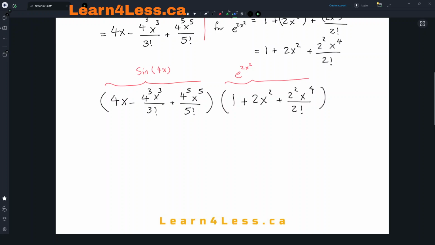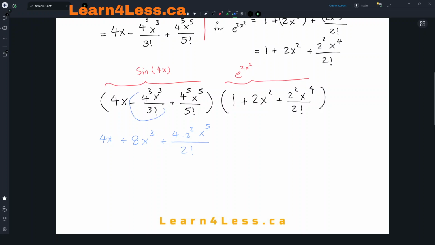When we FOIL them, let's multiply this 4x by this bracket. We get 4x plus, 4x by this one gives us 8x cubed. 4x by the last one gives us 4 times 2 squared times x to the 4, which adds up to x to the 5 over 2 factorial.